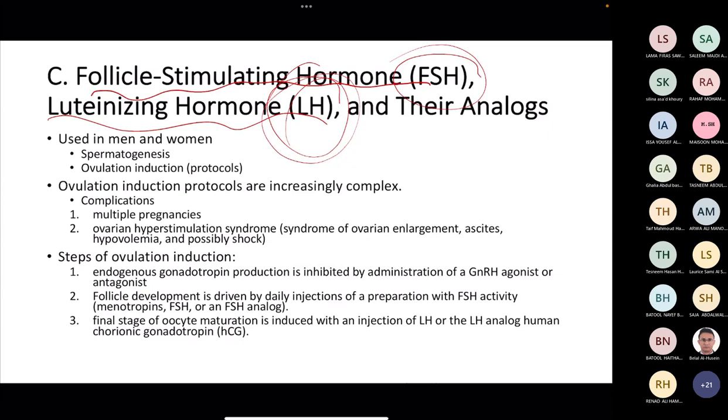Estrogen is secreted from there. But if implantation didn't happen, estrogen and progestin sources are lost, and then shedding of the uterus happens, which is called the menstrual cycle.